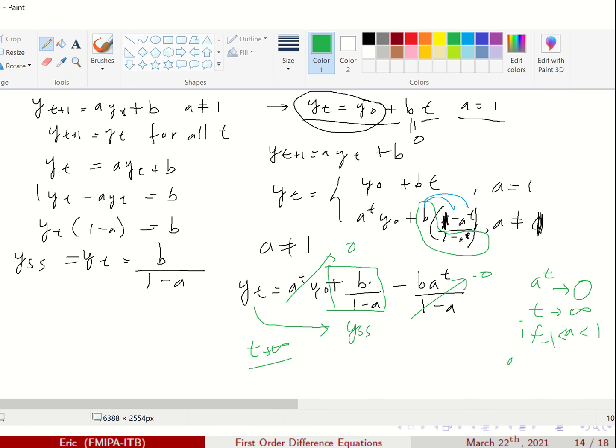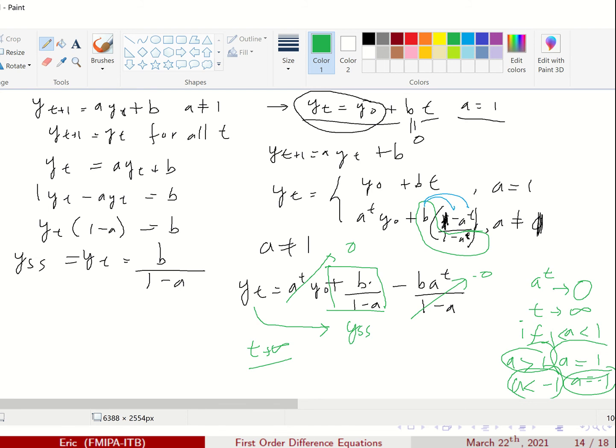But if a is greater than 1, less than -1, 1, or -1, you cannot have that. Your yt goes to minus infinity, so it will diverge. It will not go to the steady state solution.